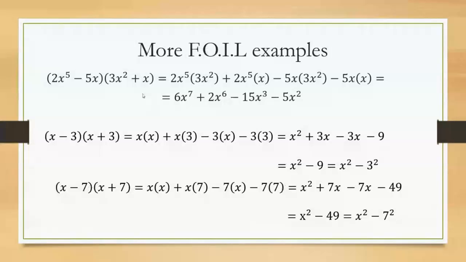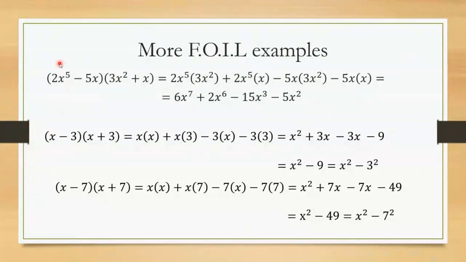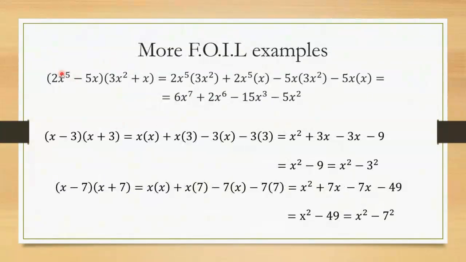Let me do another. These are just some other examples I thought it'd be good to look at. Again, it's always the first terms right here, the outer terms here, the inner terms here, and the last terms, as you can see. This is where we get these terms from.